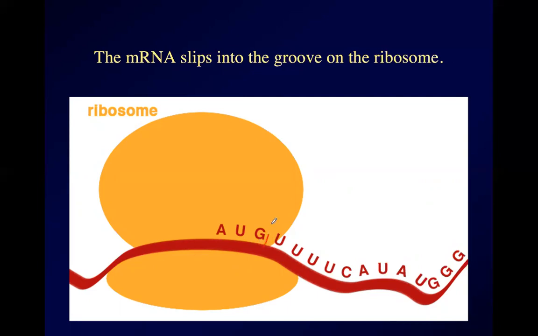But right here are the first 3 nucleotides that are actually coding for the protein. As I've said, there's a sequence ahead of that, we don't really need to worry about what that does. That's a leader. But right here is the first codon, and it just so happens to be AUG. Now what?